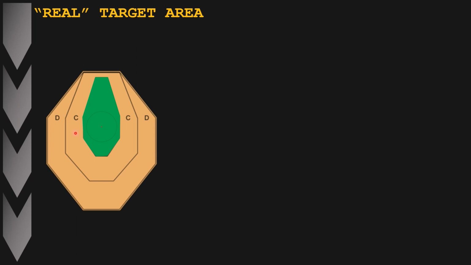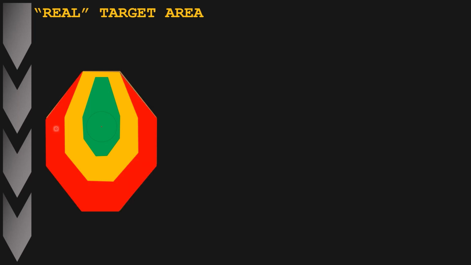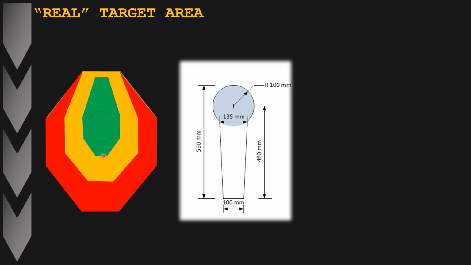As much as we can, we want to avoid shooting into the C zone and or into the D zone. So the real target area is the entire green A zone as indicated here on the slide.